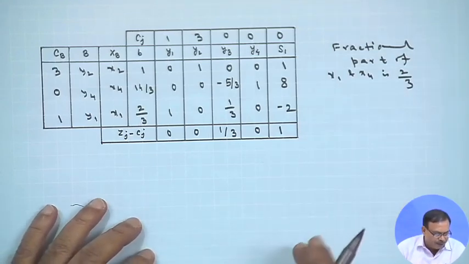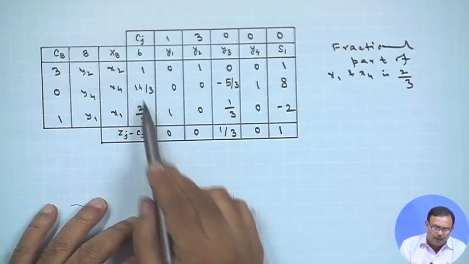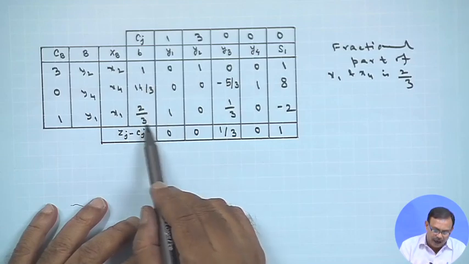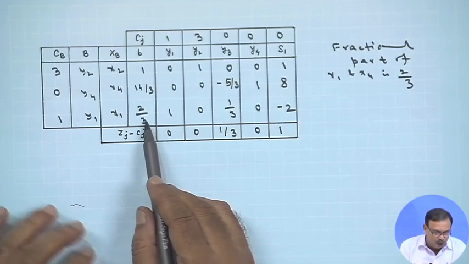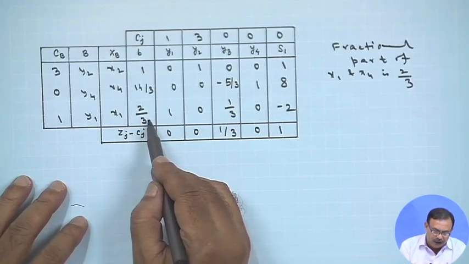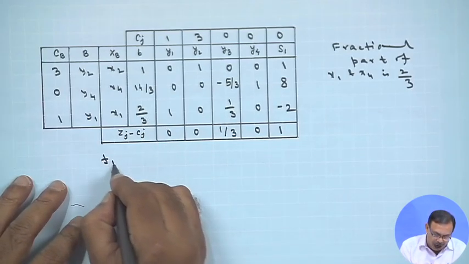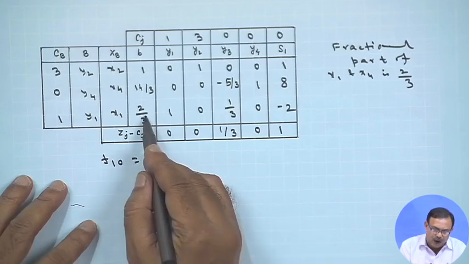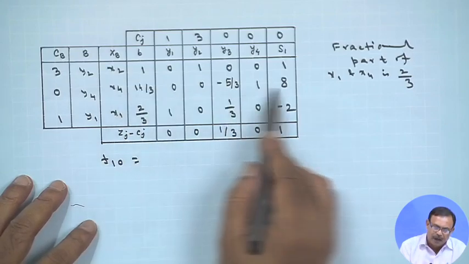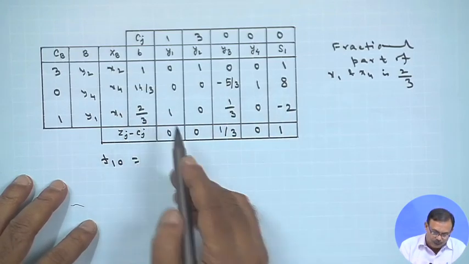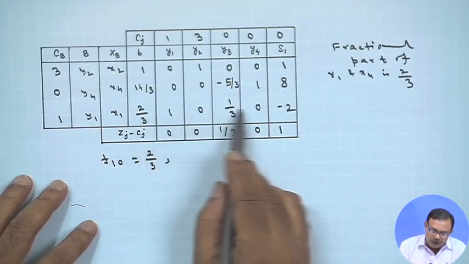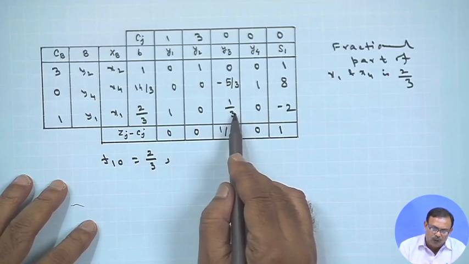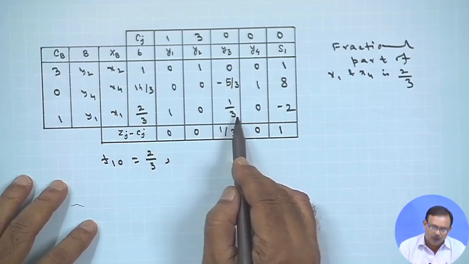So, therefore, we can use any one of these two. I am using say x1, there is a tie, both are same. If I am using x1, then f10 will be 2/3. I am again repeating this, f10 will be 2/3. I would have taken this one also. So, f10 is 2/3 and on this row you have only one fractional part, that is 1/3.